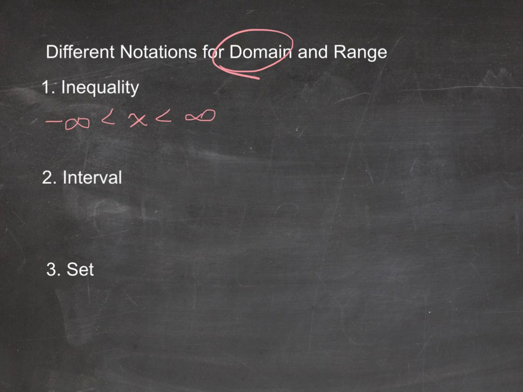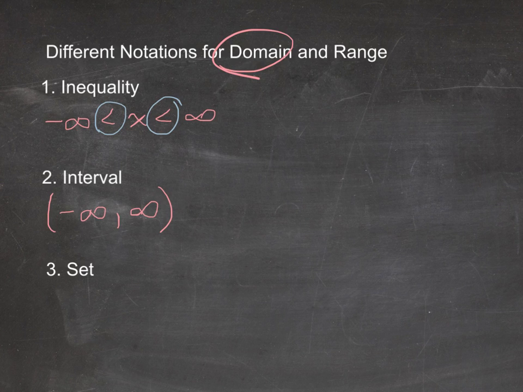We can also write the domain or range in interval notation. This would look like negative infinity to positive infinity with round brackets because I'm not including the infinities. The inequality signs here don't have equals on them. If they do have an equal, like less than or equal to, make sure you put a square bracket in interval notation.